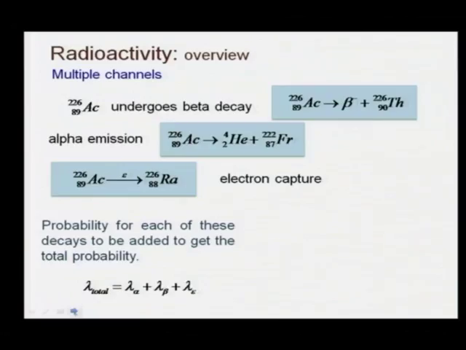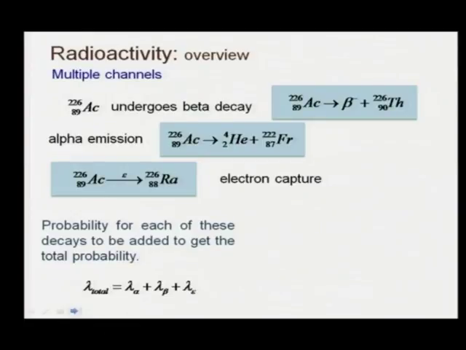Which means you add lambda alpha, which is the probability per unit time of alpha decay of actinium, add the probability of beta decay of actinium, lambda beta, and add the probability of electron capture, lambda epsilon, of actinium, and the total of these will give you the total probability of the radioactive decay of actinium.